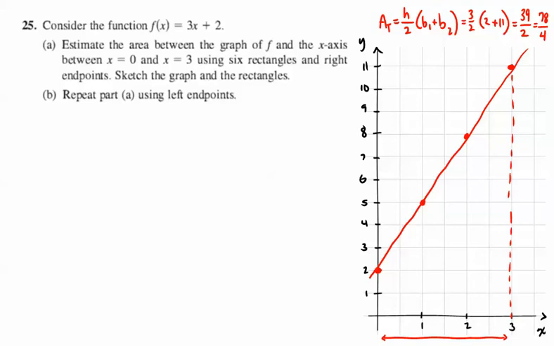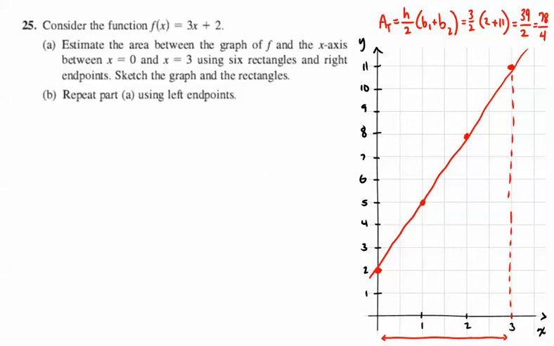Alright, so that's the actual area, and you might ask, well, if we can find the actual area that easily, why do we want to do this? Well, we're trying to illustrate a point here of how areas between the curve and the x-axis are originally calculated, and this is going to lead us into the concept of the integral. So what we want to do here is use 6 rectangles, and we want to use right endpoints.